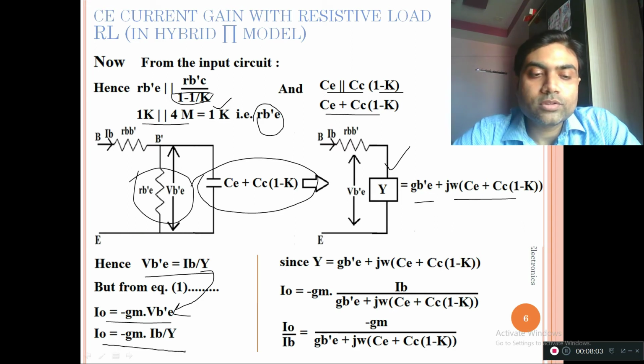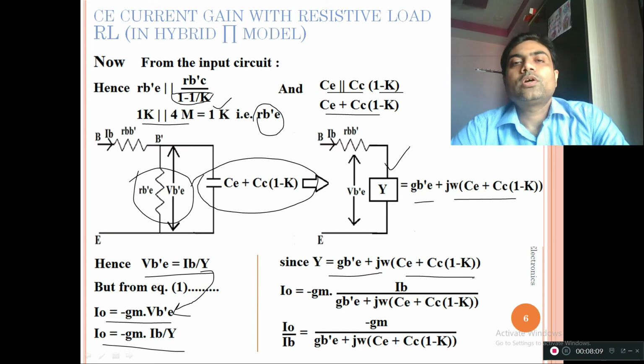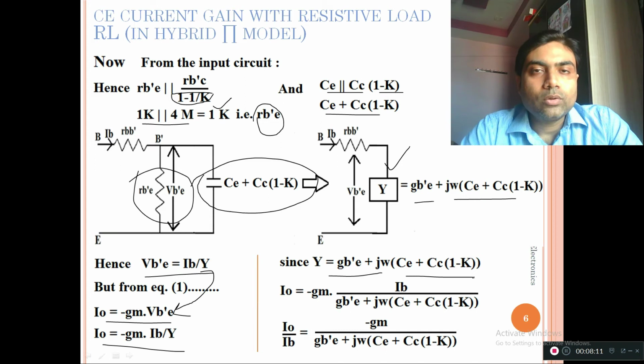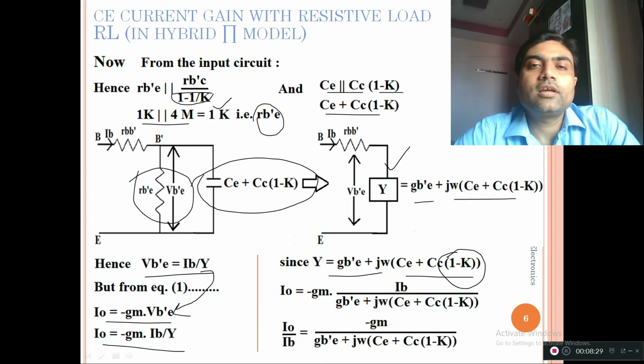So this IO is nothing but minus GM into IB upon Y, and we have calculated the value of Y. So if you carefully look at the steps which we have calculated in the previous lecture and this lecture, it is the same. We are not changing anything. We have just applied one load resistance, and because of that load resistance, if you observe the previous lecture and this lecture, this 1 minus K term is coming. Rest of the thing is same.